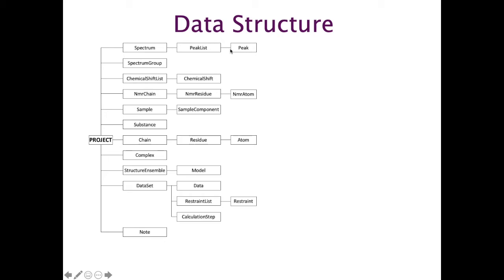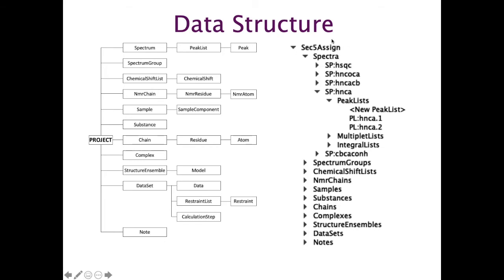Obviously a peak has to belong to a peak list, which in turn has to be associated with a particular spectrum. On the whole, this is fairly simple. And the nice thing about it is you don't even have to remember it, because it's also reflected in your sidebar when you open analysis and you have put your data in. It is shown in the same way, using the same sort of nesting.